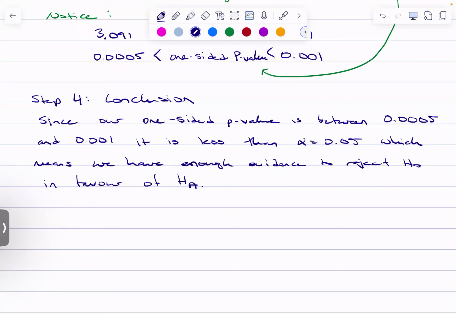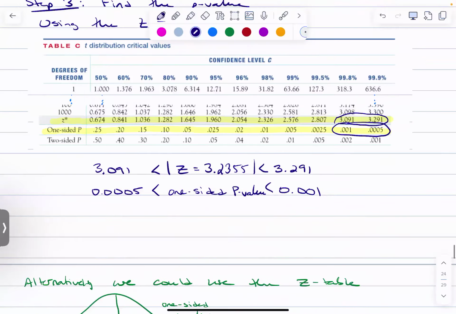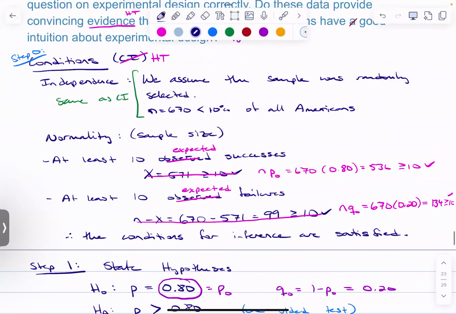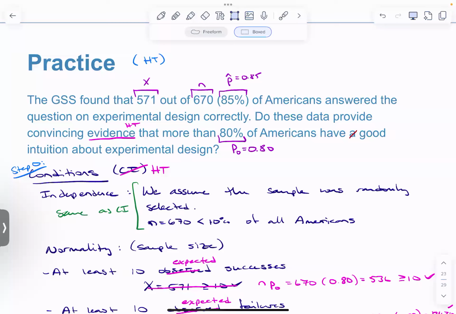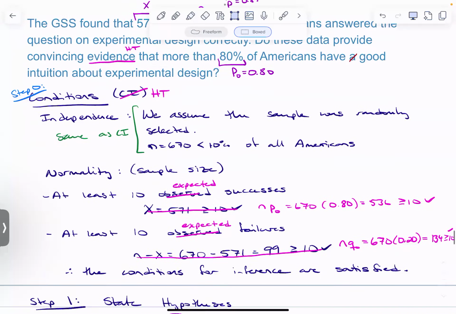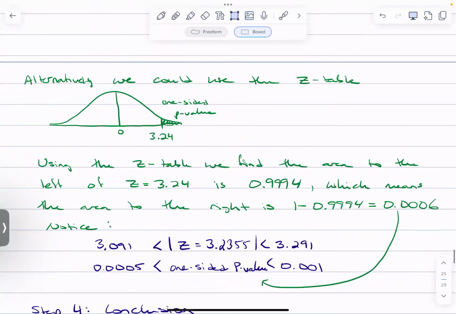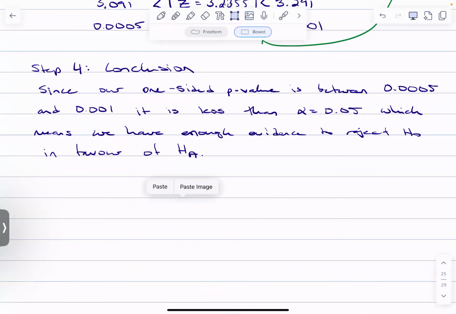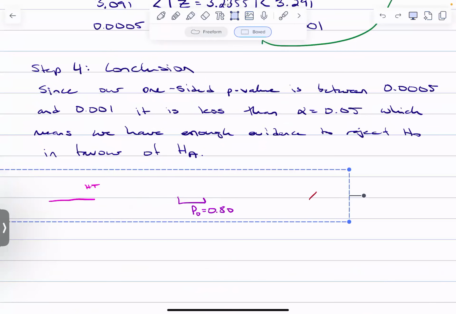So compare your p-value to your alpha level. That's the first part. Then what's your conclusion? Do you have enough evidence to reject H naught, or do you not have enough evidence to reject H naught? And then finally, the one people love to forget is the conclusion in terms of the question. Do these data provide convincing evidence that more than 80% of Americans have good intuition about experimental design?